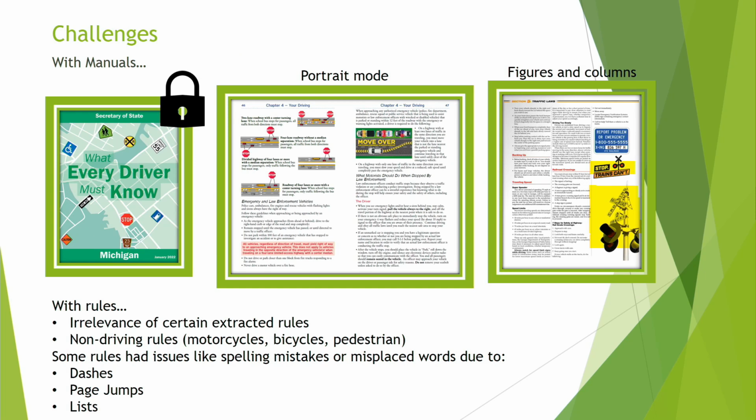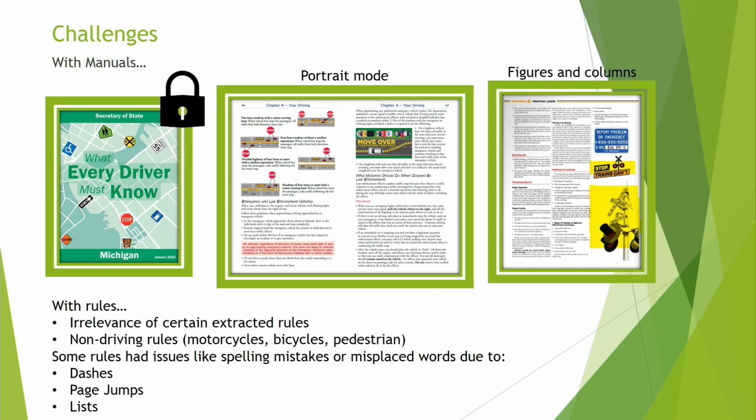So why were we not able to extract these rules? Some of these manuals have issues. For example, some were blocked for us to scrape, so we were not able to extract the text from the manual. Others had problems with how the text was formatted. For example, if the manual was in portrait mode, our extractor was not able to read it properly.